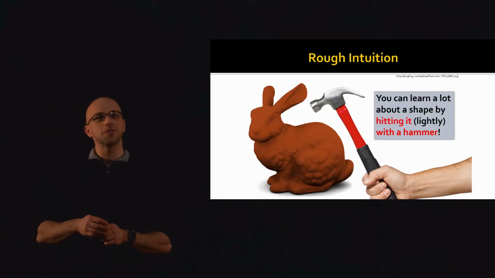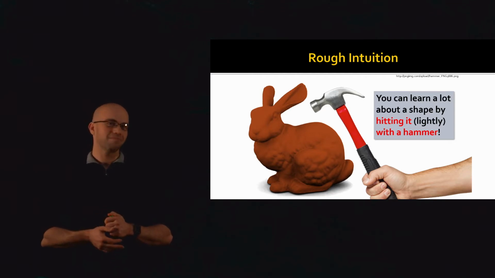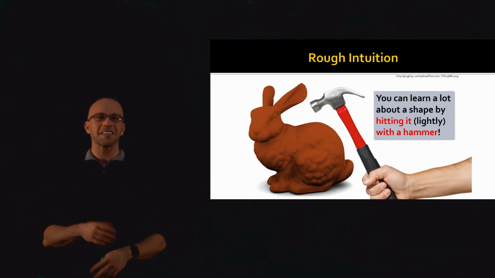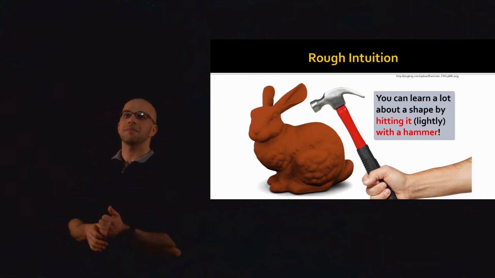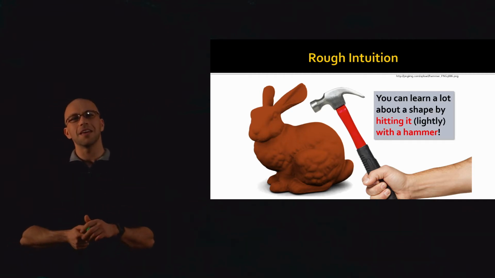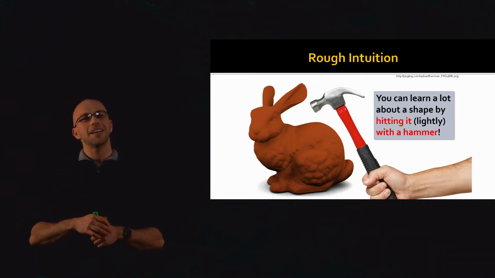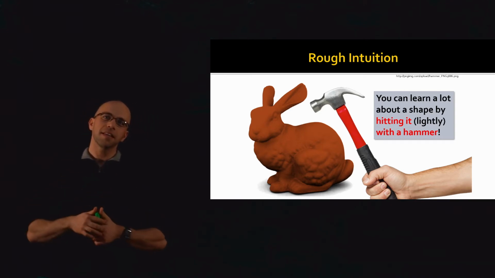Okay, so the rough intuition for this area of spectral geometry is that you can learn a lot about a shape by hitting it lightly with a hammer. Now, our goal isn't to shatter the object, that's a whole other type of physics, but rather, if I think of our bunny here as being made of some nice isotropic, infinitely thin material, and I hit it with a hammer, what's going to happen is that I can decompose the vibration modes of this object into a list of frequencies and eigenfunctions.